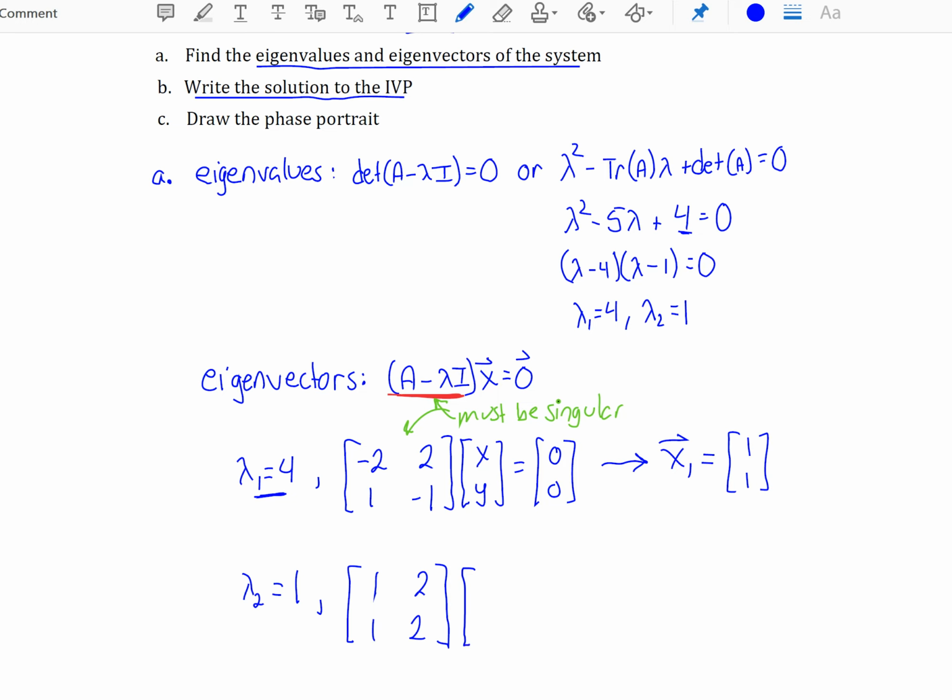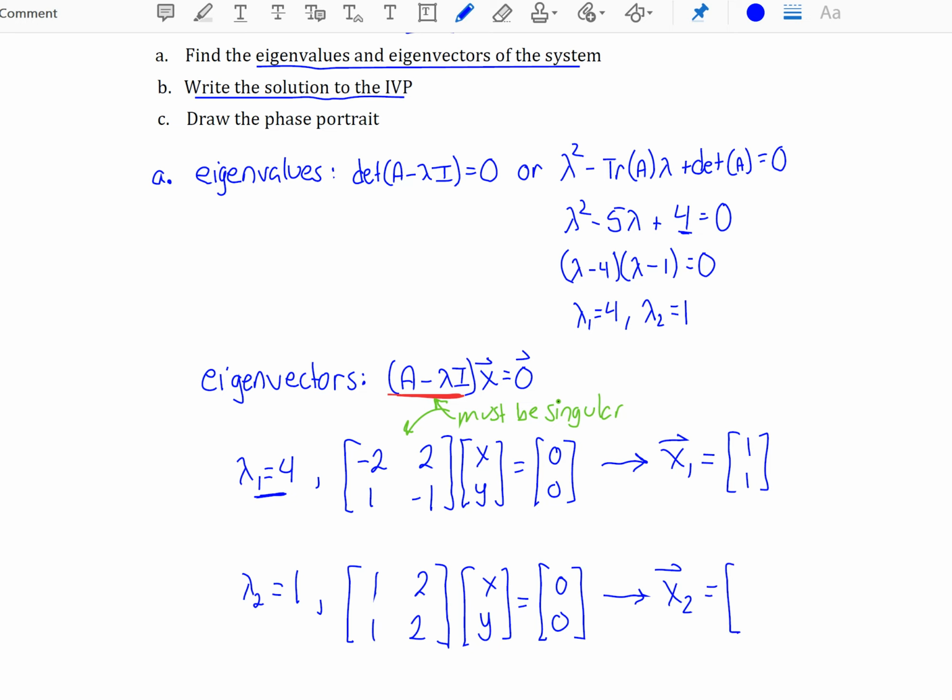And we need to find that non-trivial vector x that'll produce the 0 vector when we multiply. And again, what I'm looking at is the columns of that matrix. And I'm trying to find what vector I can multiply that'll give me the 0 vector.